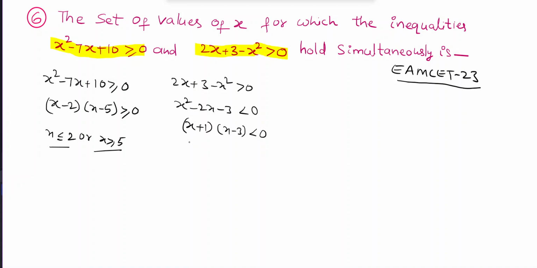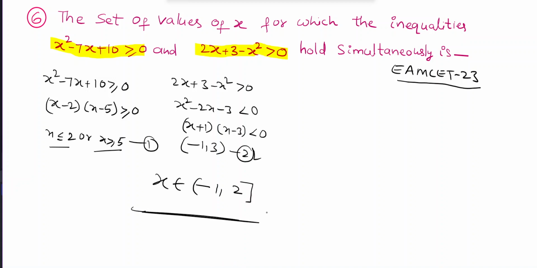That means x belongs to (minus 1, 3). So this is the first inequality and this is the second inequality. For these two, the required set of values of x is (minus 1, 2]. See, closed bracket for 2, and for minus 1 it is an open bracket. These are the values of x.